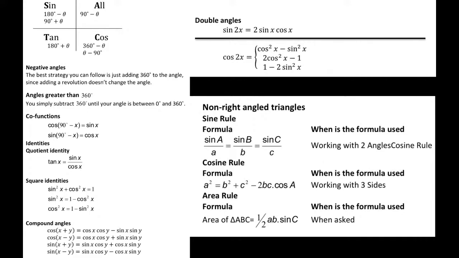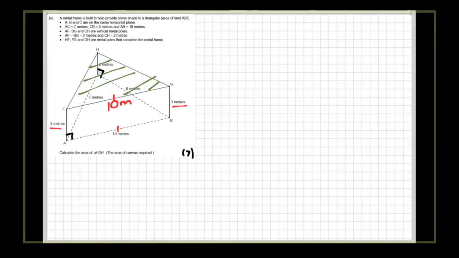So if I want to calculate the area that is striped in green, I would like to have that little side there, that side there, and the angle in between them. And that is where this is going to take me.